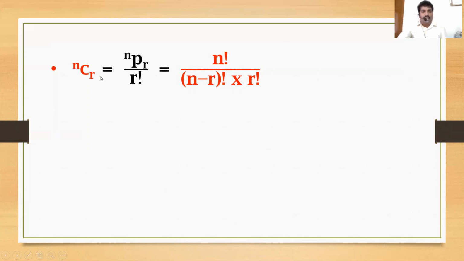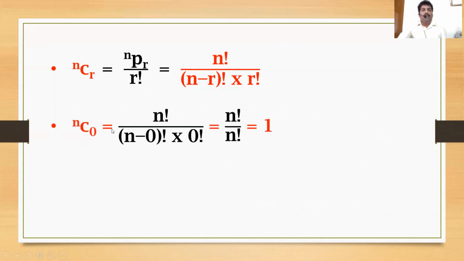Now in the place of r, if you put 0, you get nC0. nC0 value is n factorial divided by (n minus 0) factorial into 0 factorial. Now (n minus 0) factorial is n factorial, and 0 factorial we already know is 1. So n factorial divided by n factorial is equal to 1.